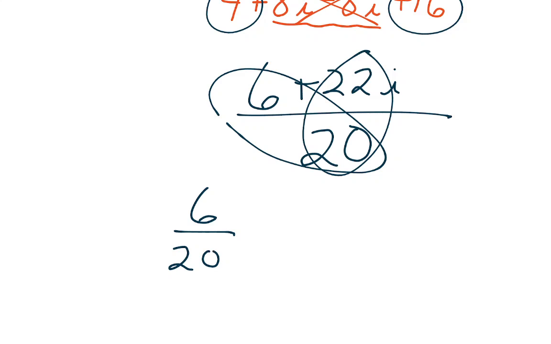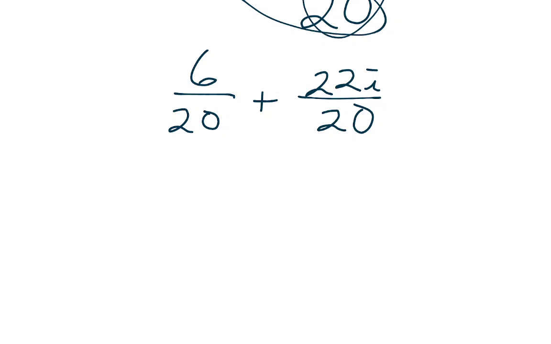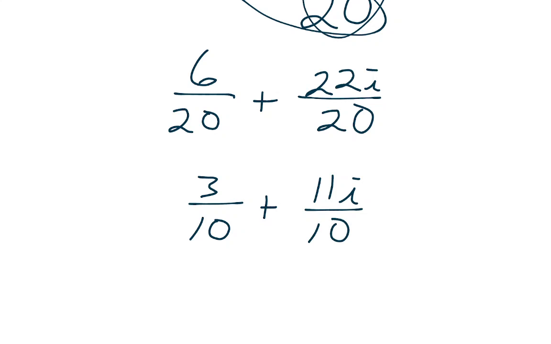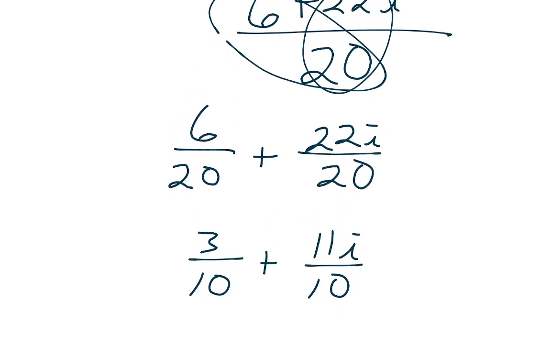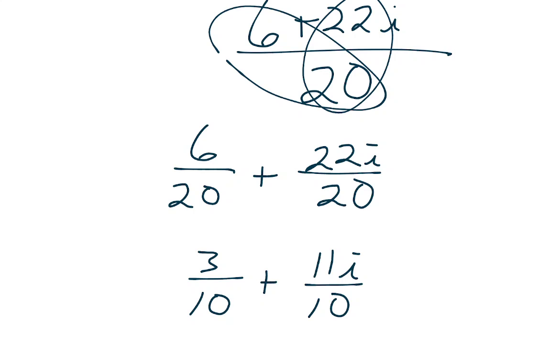That is, if I did a heart method, I could actually reduce 6 over 20. I could reduce that by 2's to be 3 over 10. And I could reduce this other one by 2's to be 11 over 10. And so we end up taking what was our answer before, and now we get some smaller values.